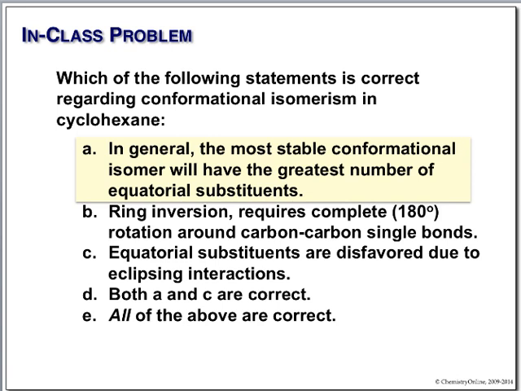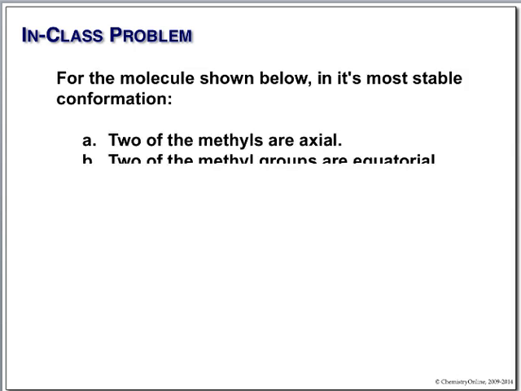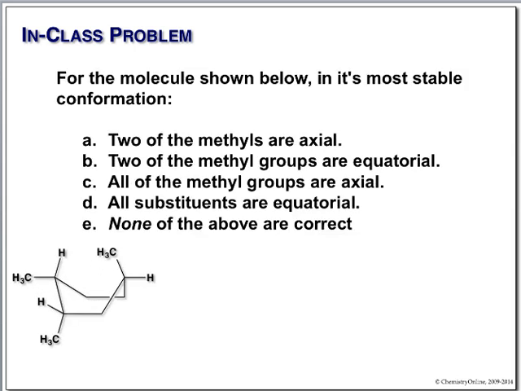All right, the next guy here, number 17. I gave you a structure drawn in a boat. Now, we don't like that, do we? And here we have questions about the orientation of our methyl groups.